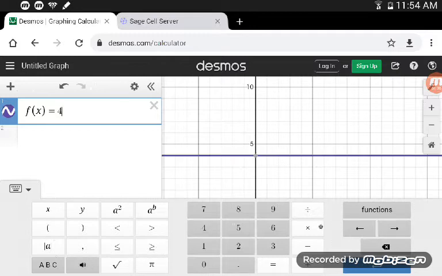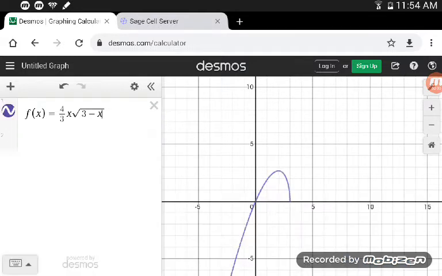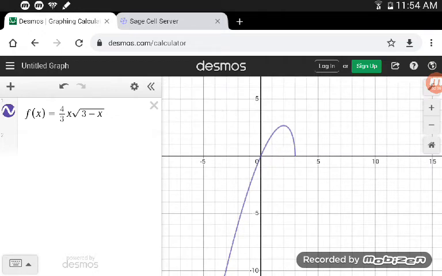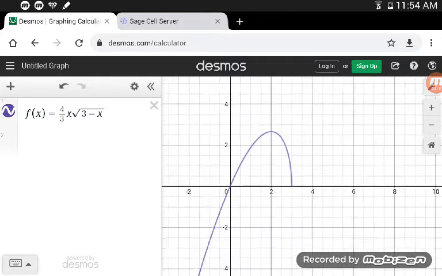So 4 divided by 3 times x, and then all of that times the square root of 3 minus x. So there's our function. And notice, at 3, it's no longer defined, and we're interested between 0 and 3.